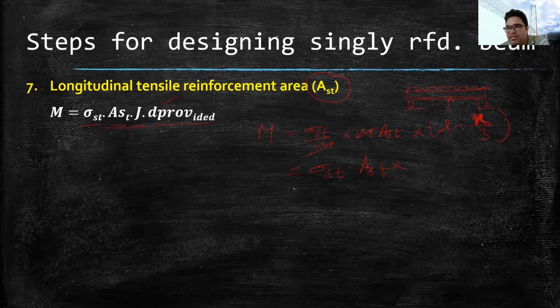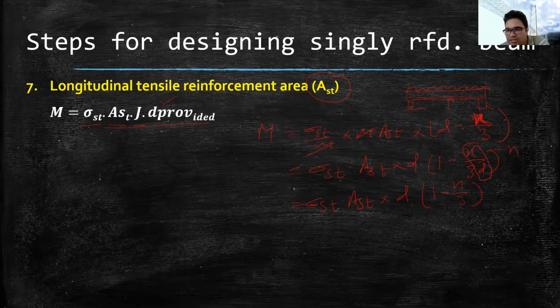So this becomes sigma ST into AST into, if I take D common, D into 1 minus X by 3 times of D. So here you can see this will become sigma ST into AST into D, 1 minus X by D is the value of N, so it will become N by 3.